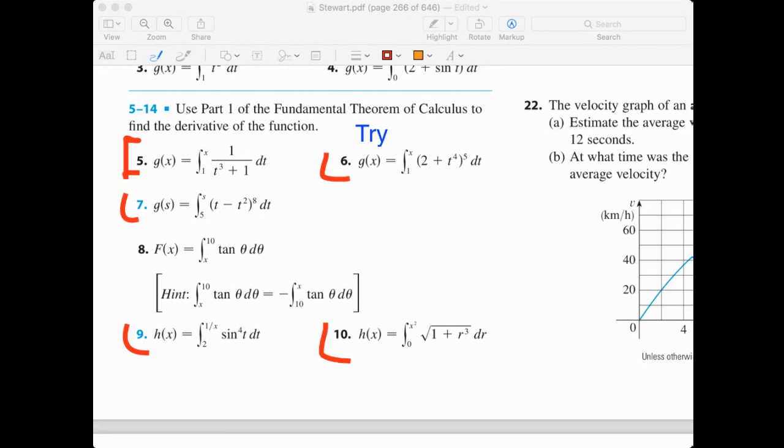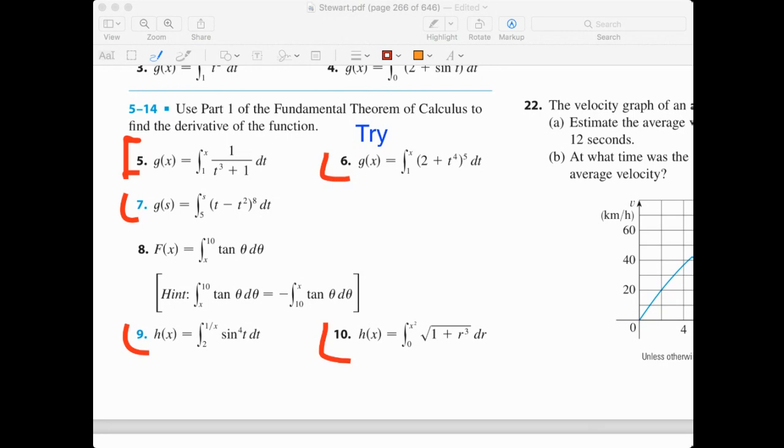Now, Ursa, did you see the point? Is it because you have to find that it's continuous on which intervals? Right, because the condition in the theorem is that your f of t, which is 1 over t cubed plus 1, has to be continuous in the interval from a to b.